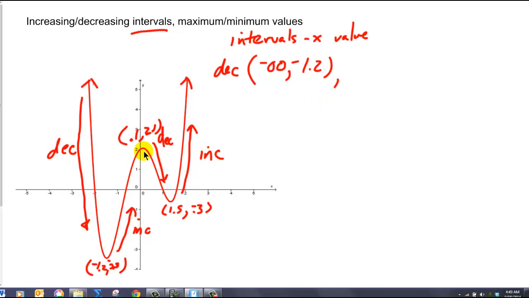It's also decreasing when x is 0.1 to 1.5. As far as increasing, we say this function would increase from negative 1.2 to positive 0.1 and then from 1.5 to infinity.